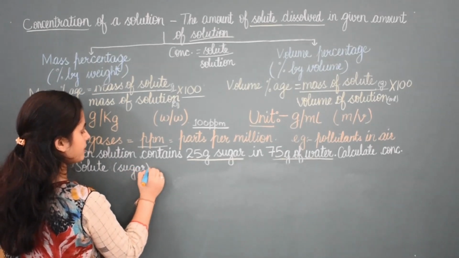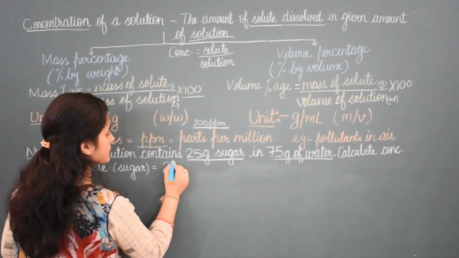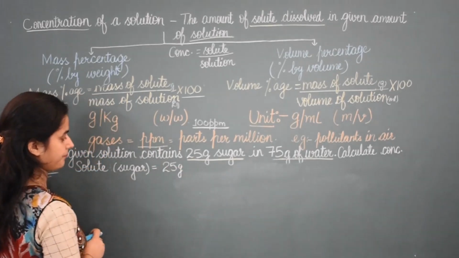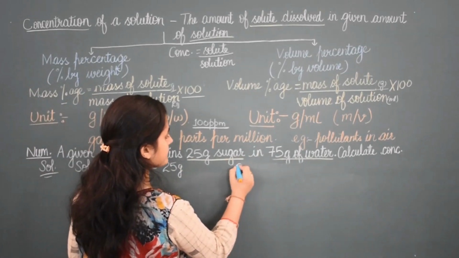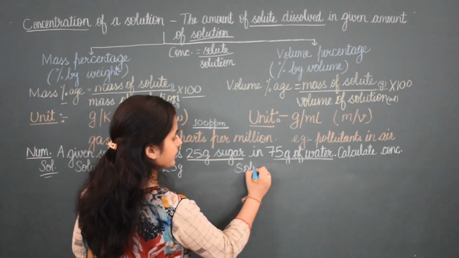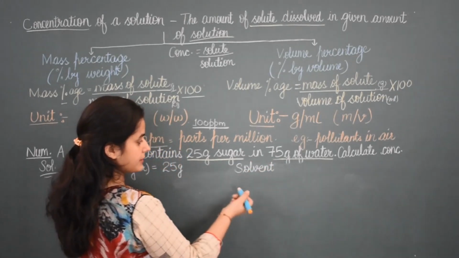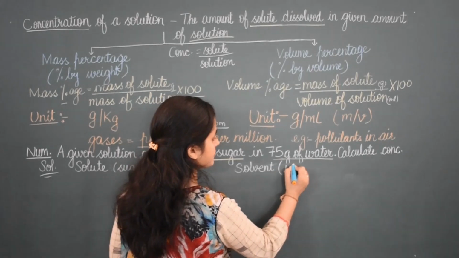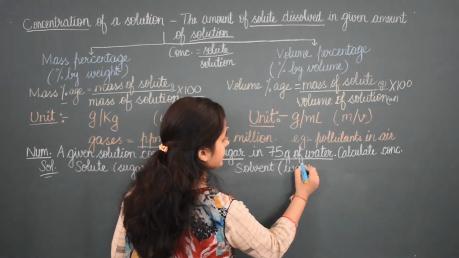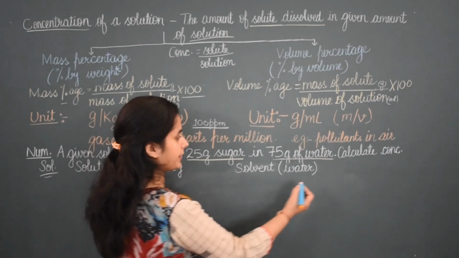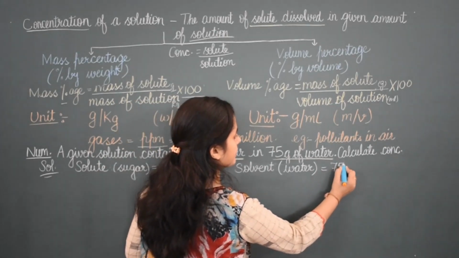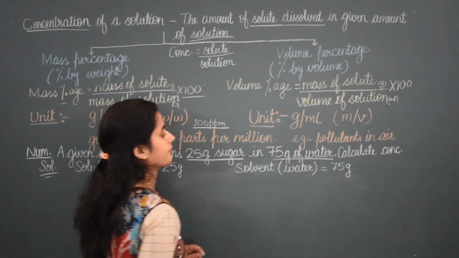So here our solute is sugar and that is 25 gram. Next is solvent. Solvent is the thing in which something is dissolved. Here we are adding sugar in water, so water is the solvent. Its amount is 75 gram.